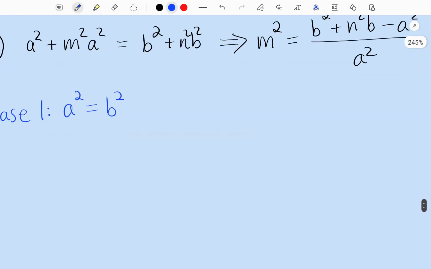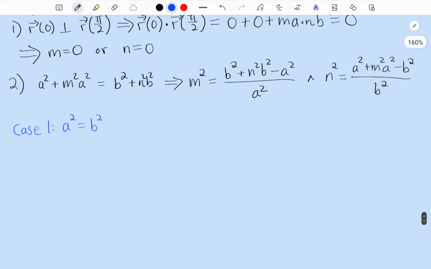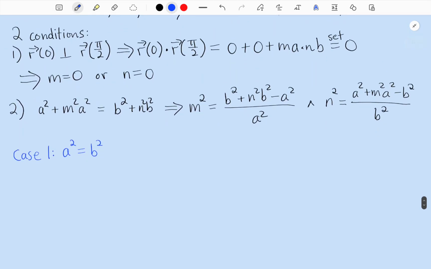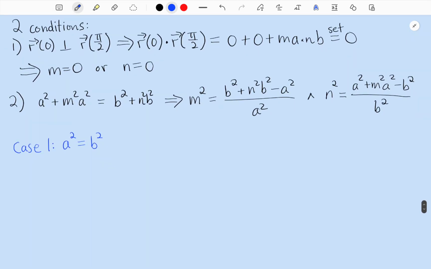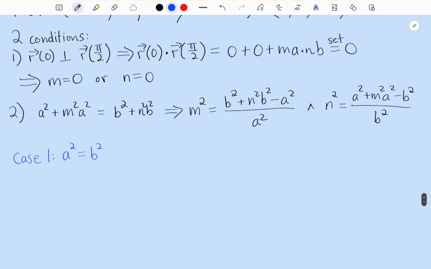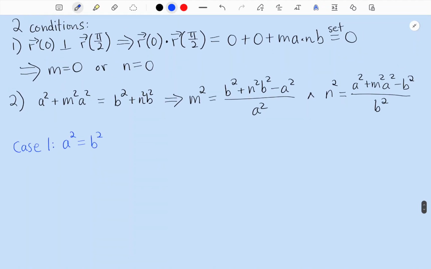If A squared is equal to B squared, this doesn't necessarily mean A is equal to B. A could equal negative B. But we just care about whether their squares are equal or not equal to each other. So let's take the case that they are equal.